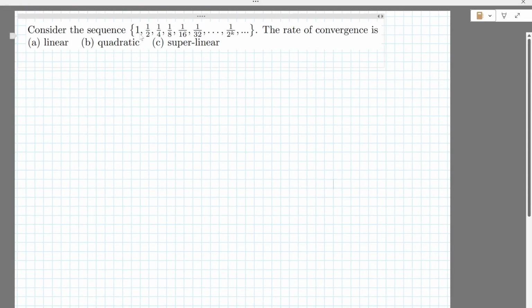So a sequence is given and we are asked the rate of convergence.